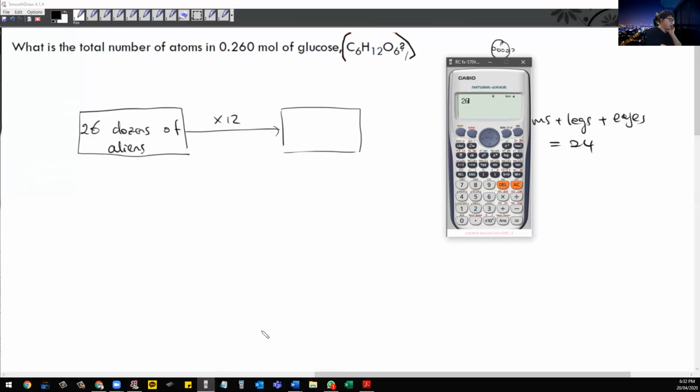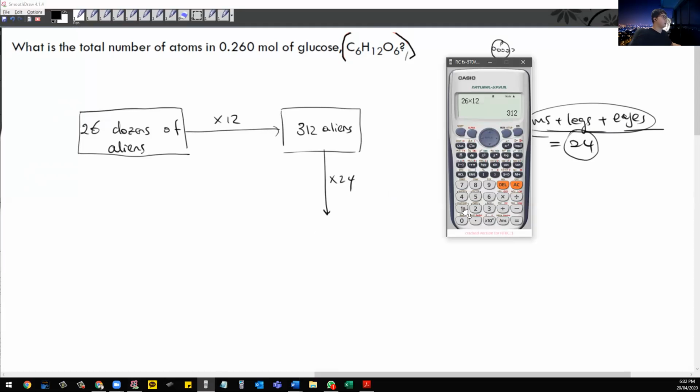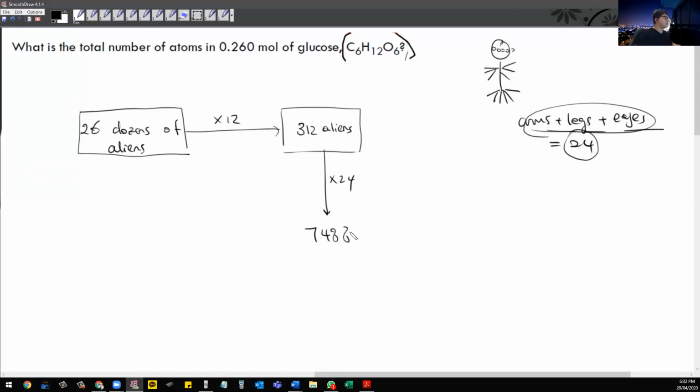So 26 times 12, there are 312 aliens, right? And then you multiply that by the number of arms, legs, and eyes, which is 24. Each alien will have 24 of those altogether. So 312 times 24 equals 7,488 eyes plus legs plus arms.